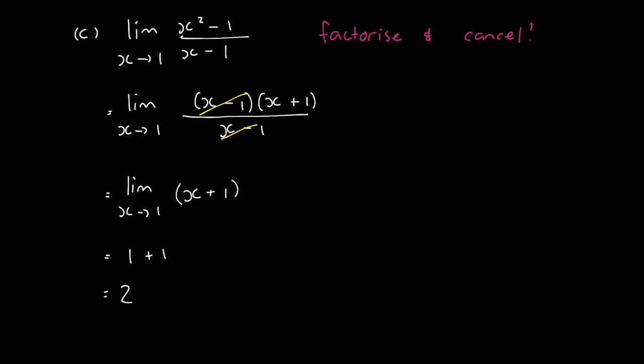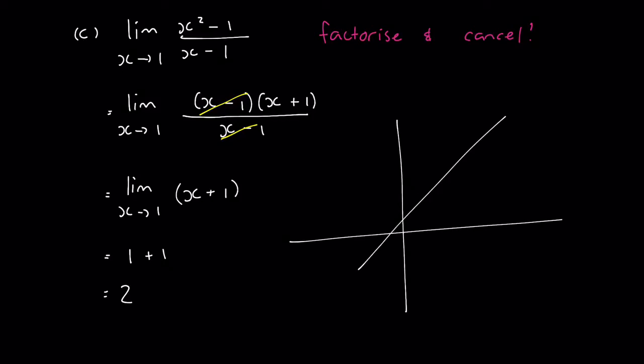Now to explain practically what's happening here, we've converted this original complicated function into a simple straight line function. So if I had to draw that straight line function, it would look something like this. The function x plus 1 would look something like that, going through 1 on the y-axis. But in the original expression, if x was 1, it would make this graph undefined, which means that at x equals 1, this graph cannot exist.